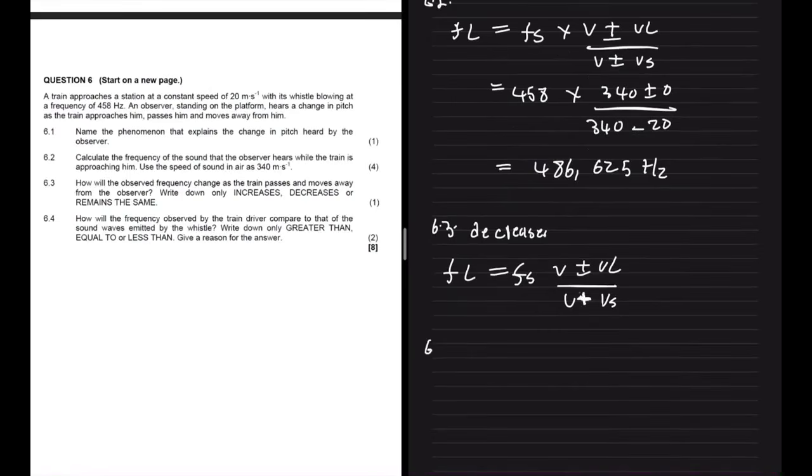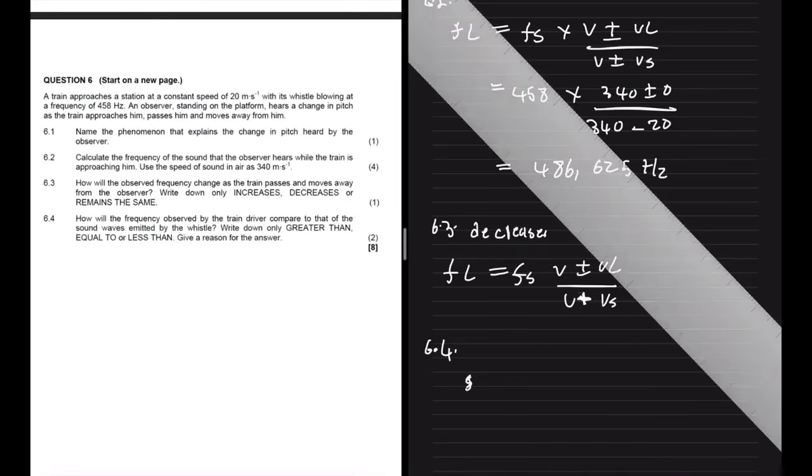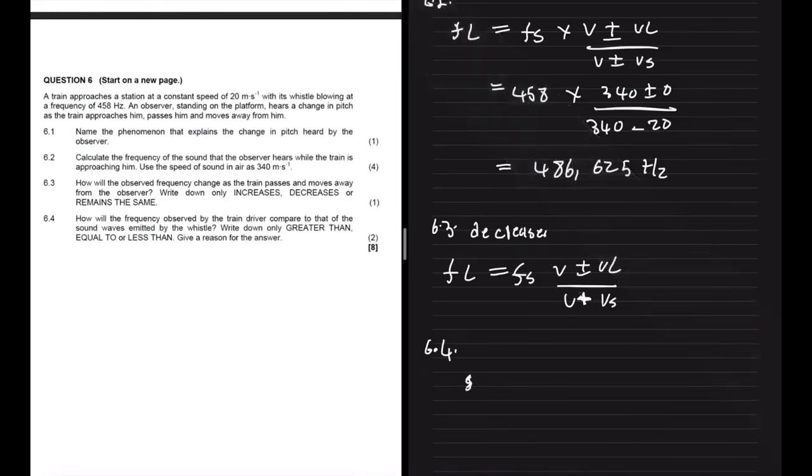6.4. How will the frequency observed by the train driver compare to that of the sound waves emitted by the whistle? The train driver and the whistle are traveling at the same speed, so VS equals VL.